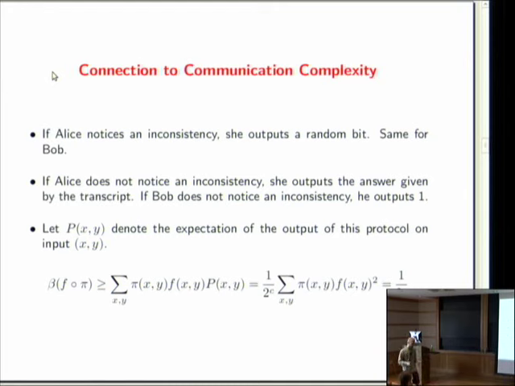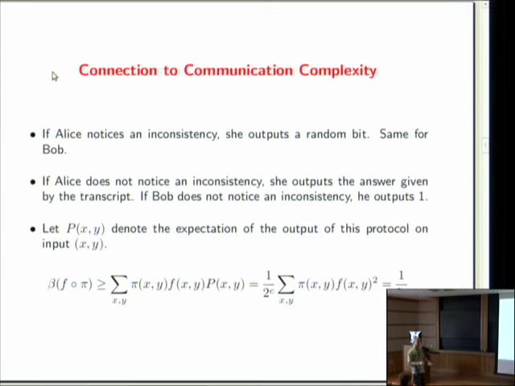So Alice looks at her input and says, okay, on this input, I'm going to send the bit 1. And then she checks if the first bit of the shared random string is actually 1. Okay? If it is, then everything is okay, and we say that the random string is consistent with the protocol. If it's not, then it's inconsistent.